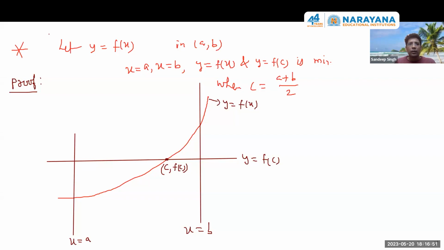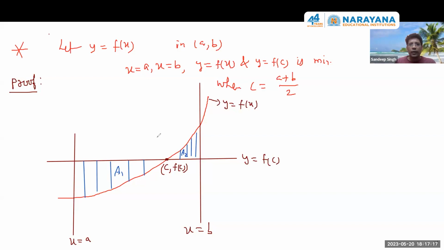Now, if you have to get the combined area, this is the shaded area A1, and above this is A2. So you can observe the total area is going to be A1 plus A2.